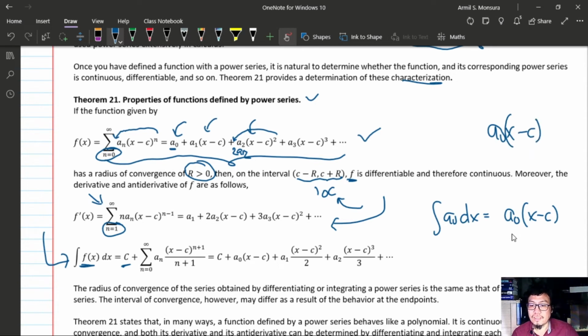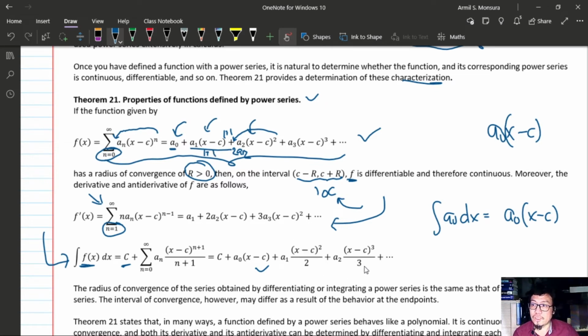Again, that's a consideration that you have to remember because we are talking about a power series that is centered around a certain number. And then for a1, you add 1 to the exponent and then you divide by 1 plus 1, so you'll have this one.